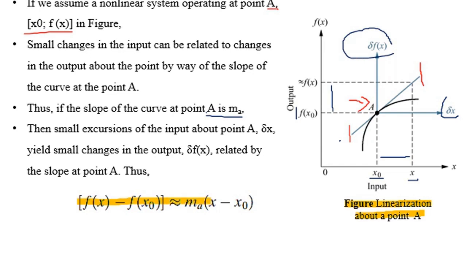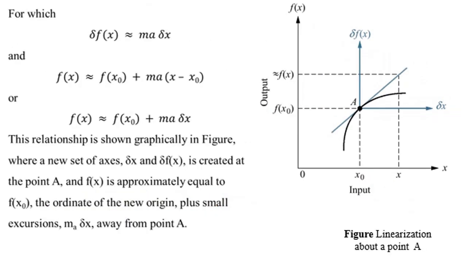Now using point slope form, we have a relation: f of x minus f of x0 is approximately equal to the slope multiplied by x minus x0. And students, this will be reduced to the relation del f of x approximately equal to mA del x. And this is our linear equation relating the change in input to the change in output.